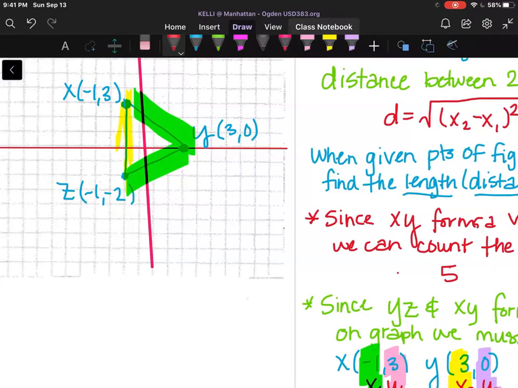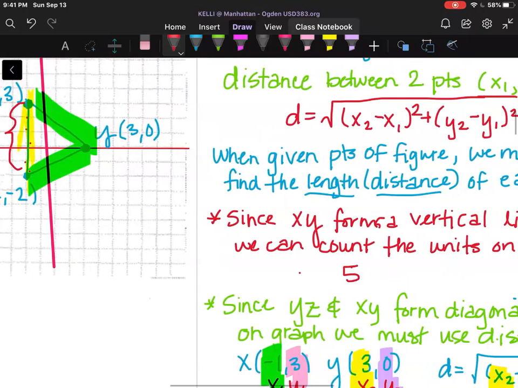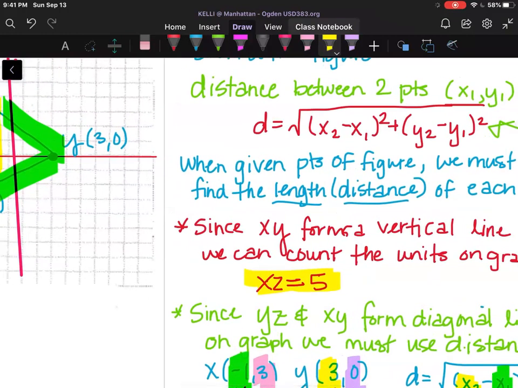If I counted right here, I got 1, 2, 3, 4, 5 units. So xz is actually 5 as well. That's the one that we counted, not xy.